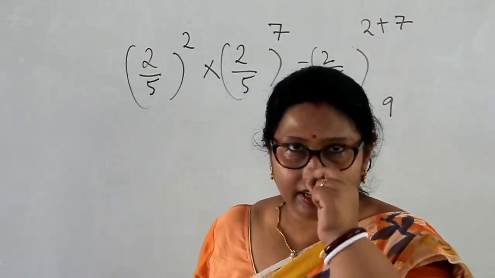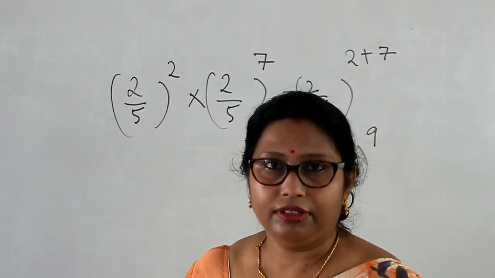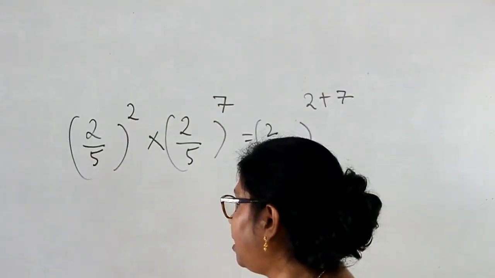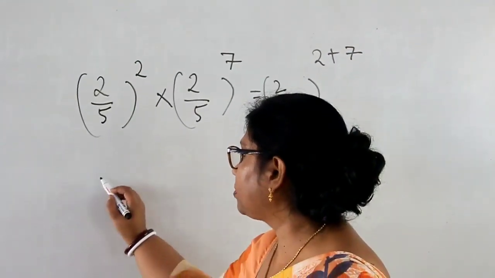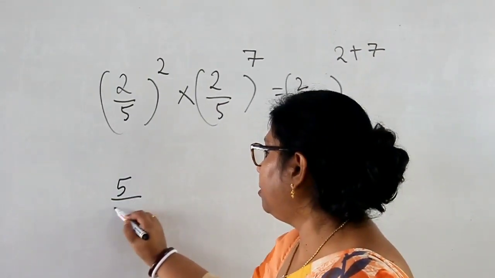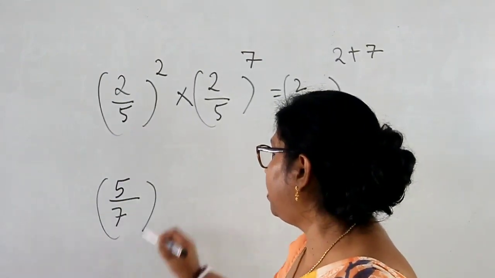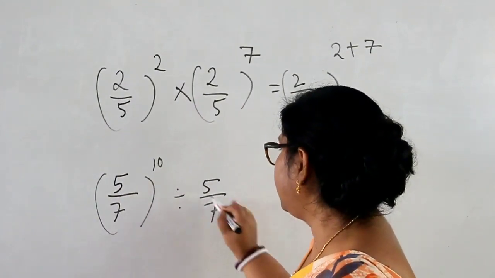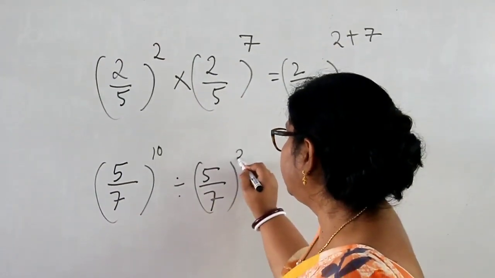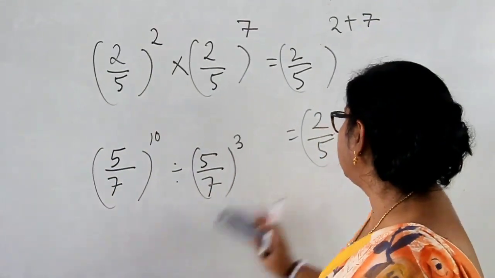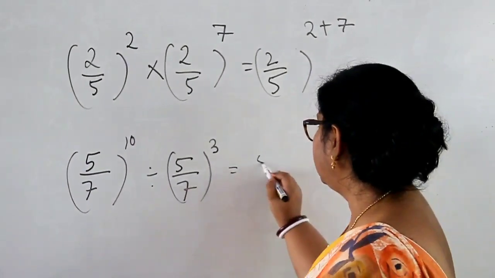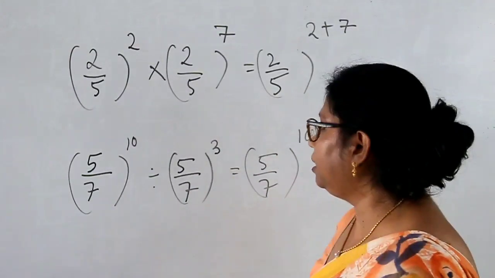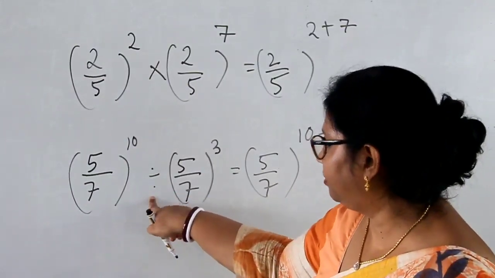A few more examples we are going to discuss. One more example here: 5 by 7 whole to the power 10 divided by 5 by 7 whole to the power 3, which will give us 5 by 7 whole to the power 10 minus 3 because of this division.